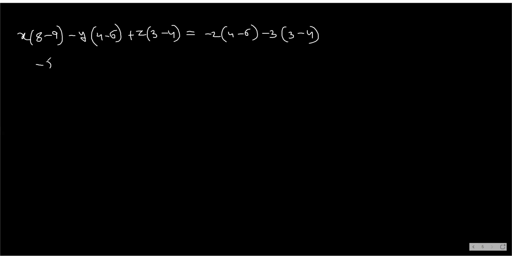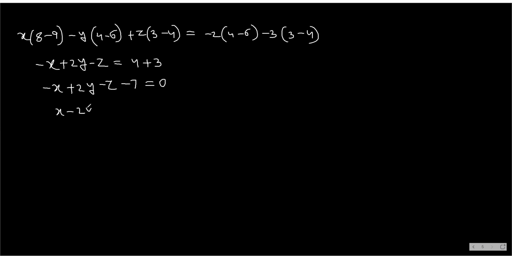So you get here minus x plus 2y minus z is equal to, this is minus 2, so 4, and this is minus 1 plus 3. So you got minus x plus 2y minus z minus 7 is 0.